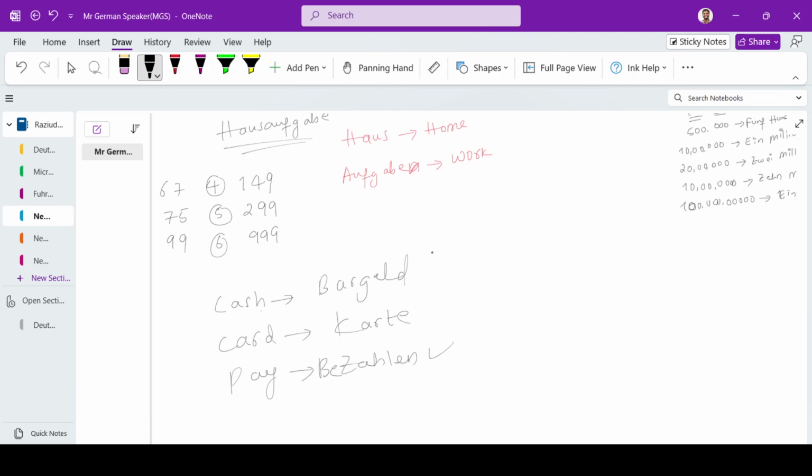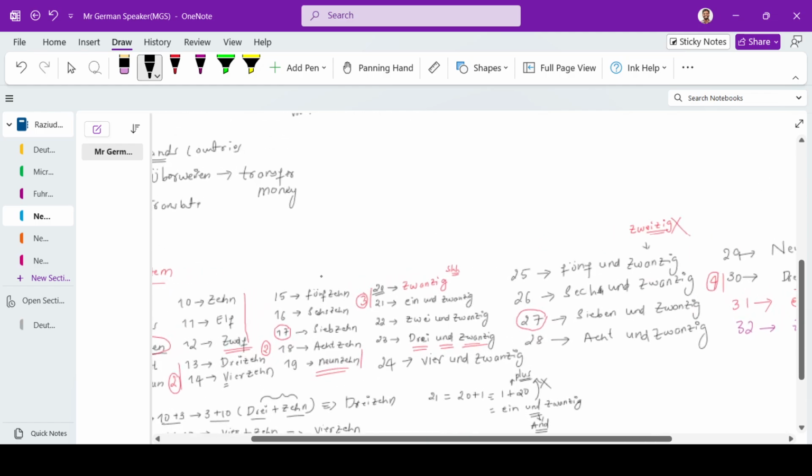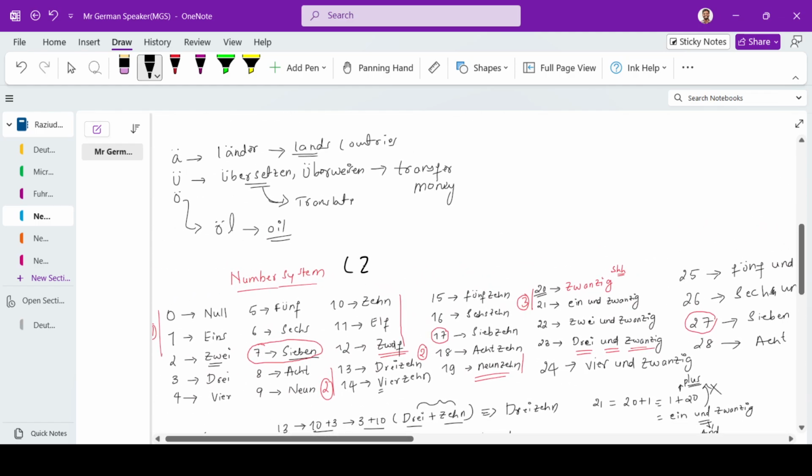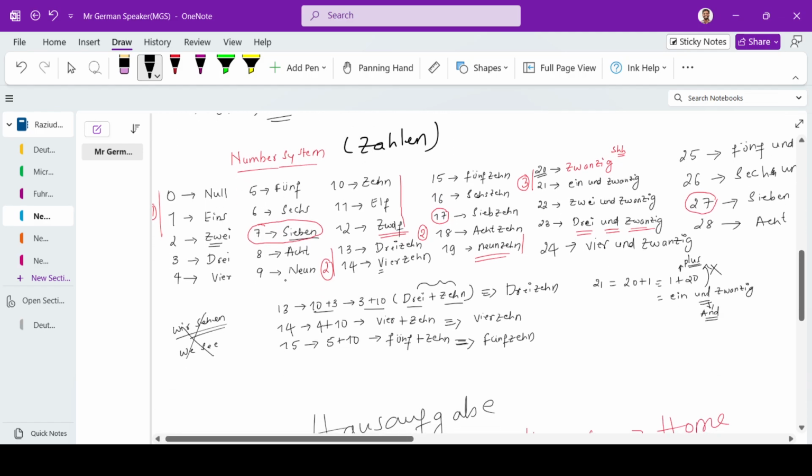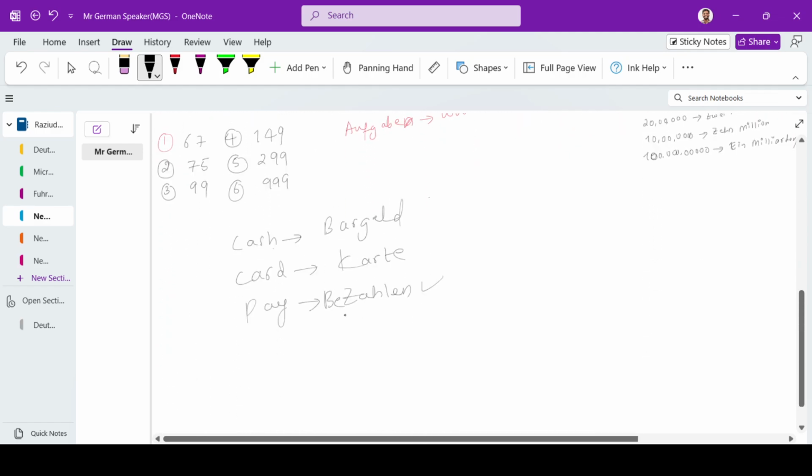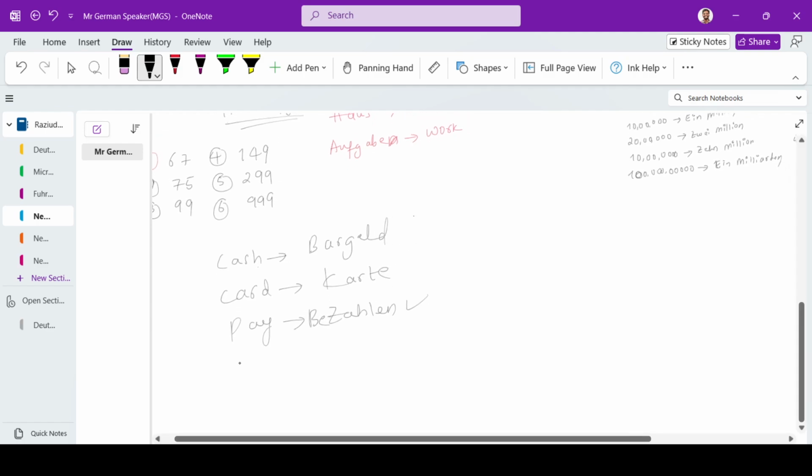So first of all, the number system is also called Zahlen, count or numbers. Bezahlen is to pay. Bargeld is cash. It can be coins. Coins you call Münzen, I think with umlaut.